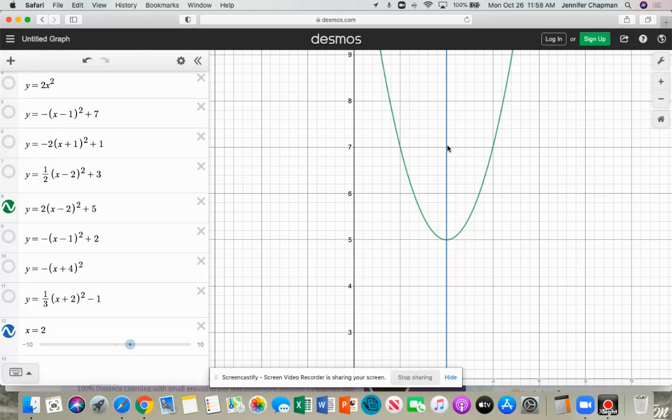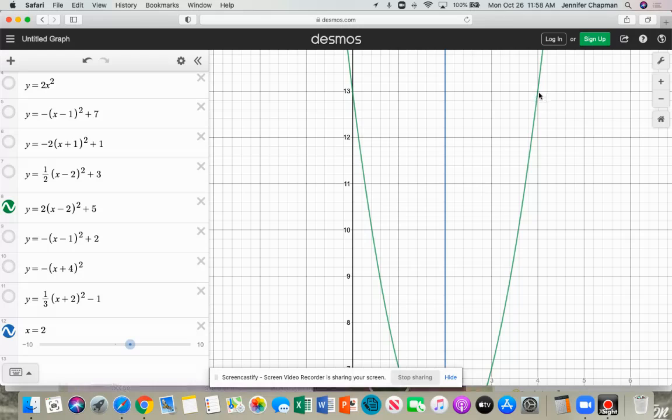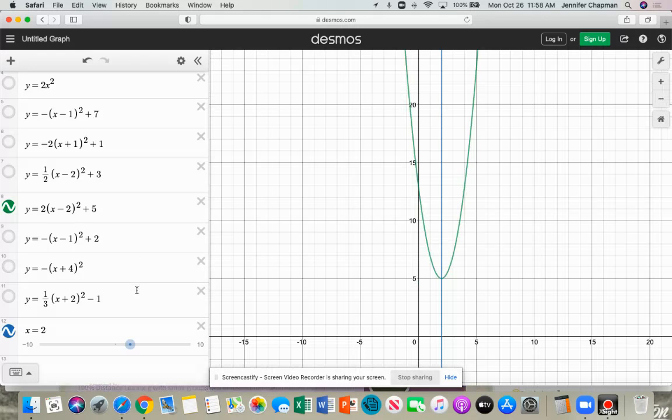Notice the point on the left from that axis of symmetry goes over 1. This point right here, from the axis of symmetry, I'm going over 2. So same thing on the left, I'll go over 2. So the distance between those points and that axis of symmetry has to match. So with number 22, that axis of symmetry is x equals 2. That's that blue line that I created.